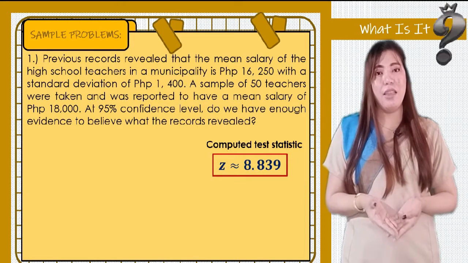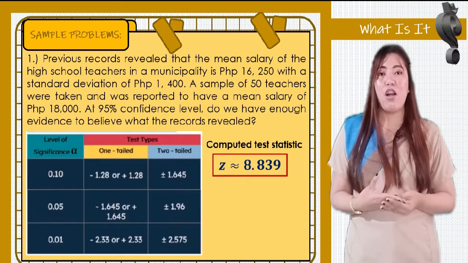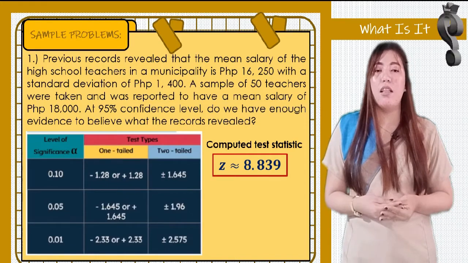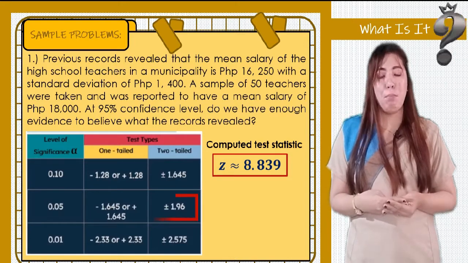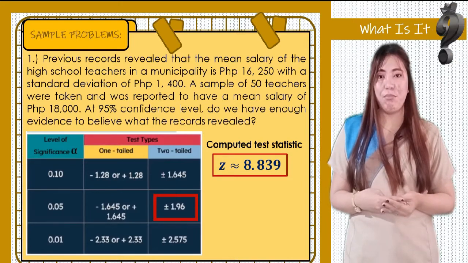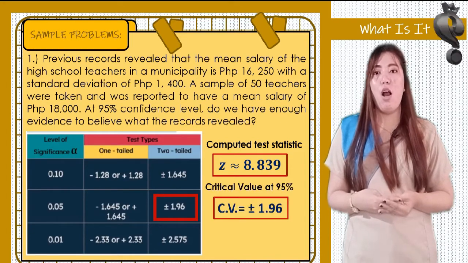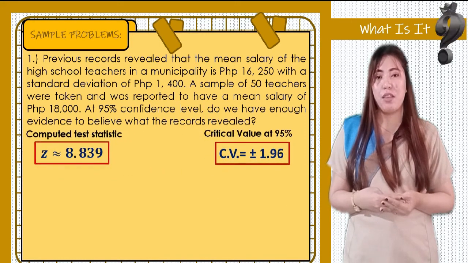Next is to find the critical value. At 95% confidence level with a two-tailed type of test, the z critical value is positive negative 1.96. Compare the absolute value of the computed test statistic and the critical value.